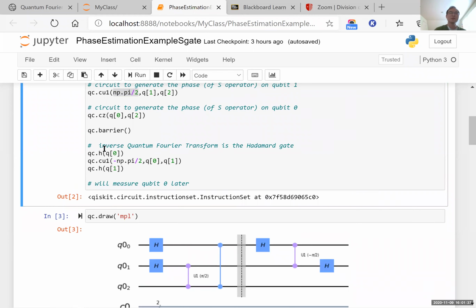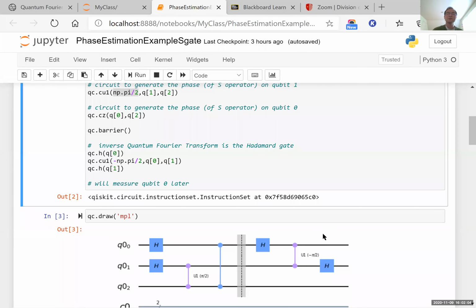So I put a barrier, and this is doing the inverse quantum Fourier transform. I've taken care of the swap; I don't care about the swap, I just know which bit I should read. So I just apply the Hadamard, the reverse, and apply the control R2 here, and then the Hadamard.